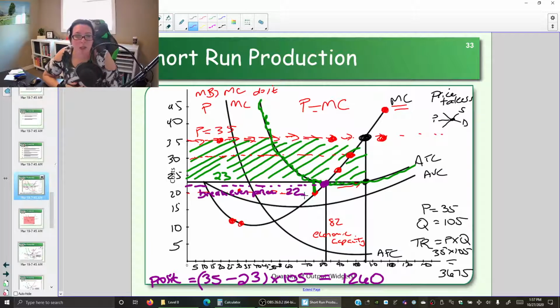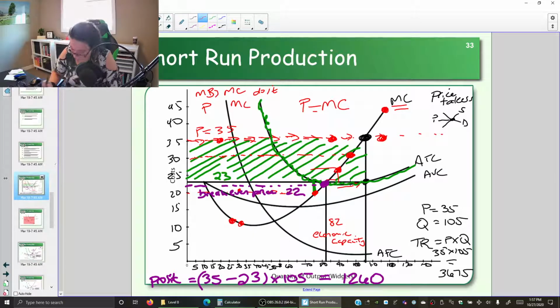So prices below $22, like this red one we saw here, we're below the average total cost curve. We are losing money. Prices above the $22, like this one here, then we are above the average total cost curve, right?